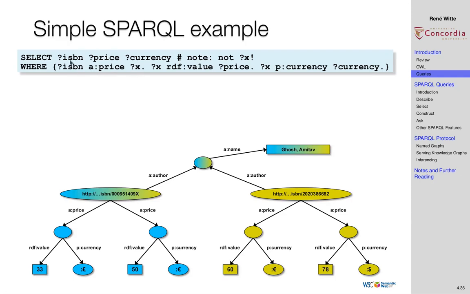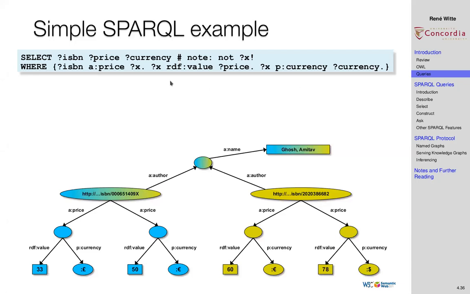So this is the first pattern here, subject, predicate, object. And then we combine it, that's the period, with another pattern, which is X value price. So this X, again, is our blank node. And the value of X is price. So this is the blank node, value, price. And then secondly, X is also linked to our currency. So blank node X, currency, and then the currency symbol.